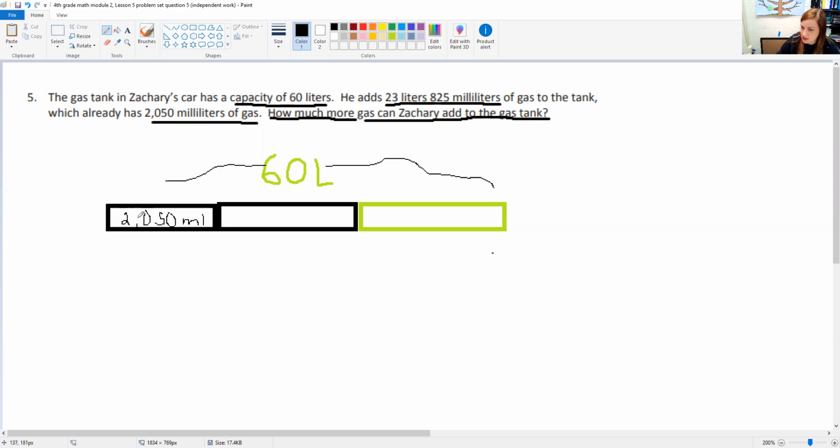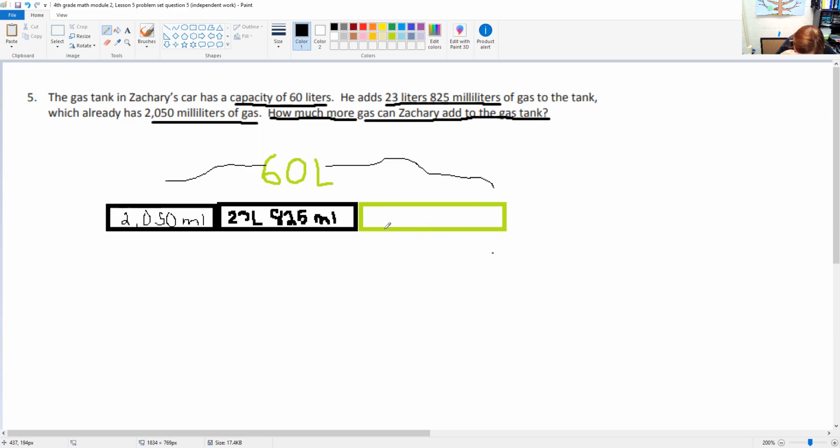So we know he added that to this after that was already in there. So 23 liters, 825 milliliters of gas. And we're trying to figure out how much more gas, that's this part over here, can he add to the tank? Well, first we need to know how much is in there to begin with, right?